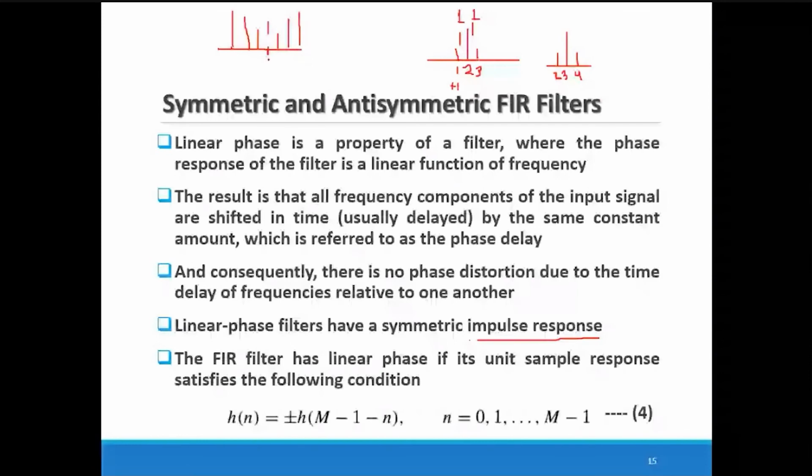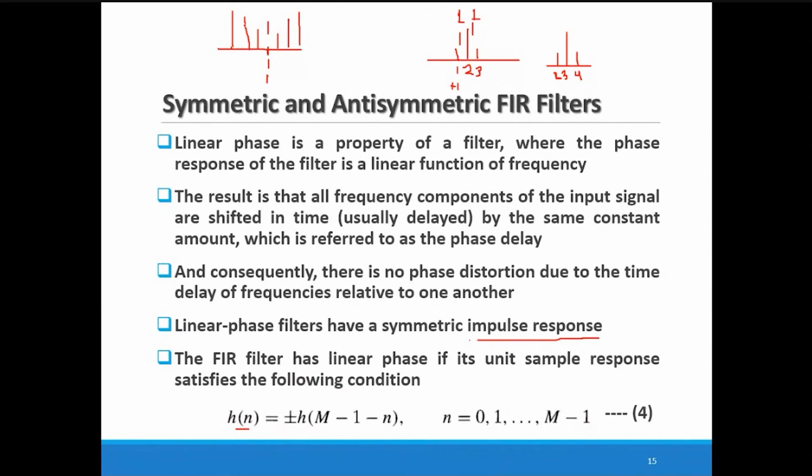Here, when an FIR filter follows this particular characteristic, h of n is equal to plus or minus h of M minus 1 minus n, where n is equal to 0, 1, up to M minus 1. When this equation is satisfied, h of n has the same value, or plus or minus value, as h of M minus 1 minus n.